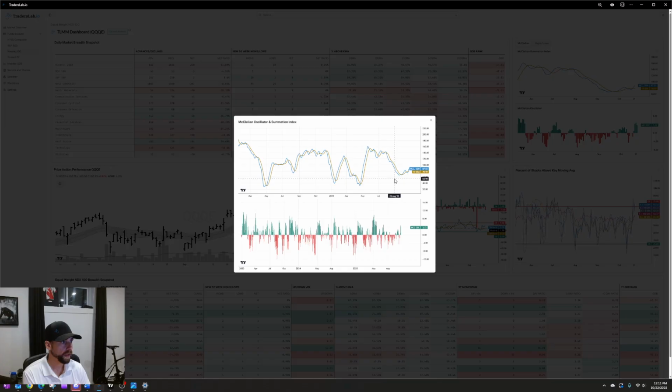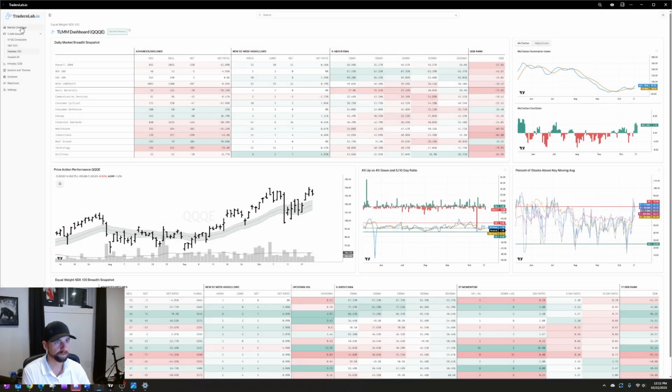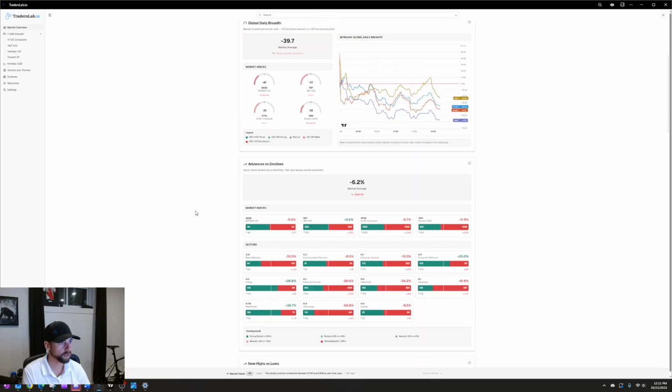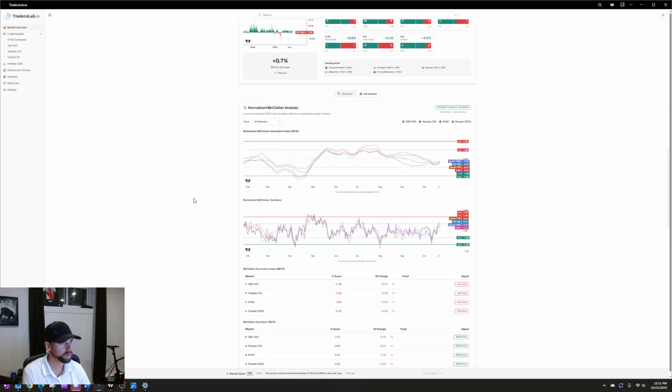And same problem is there for the summation. We don't really see or know what an extreme is and what are the actionable levels. So what we introduce right now is the McClellan analysis, so the summation and the oscillator being normalized.